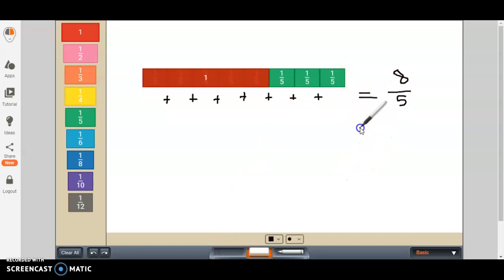So another way to have written this, instead of a fraction greater than a whole, is a mixed number, where I have a whole number and my fraction, where I have my one whole and then 1, 2, 3 fifths. Let's see if we can see that another way.